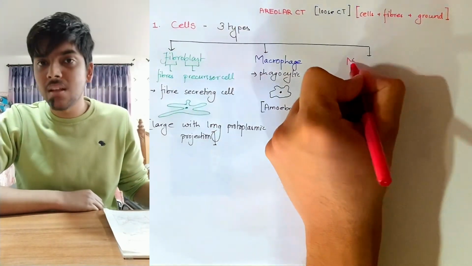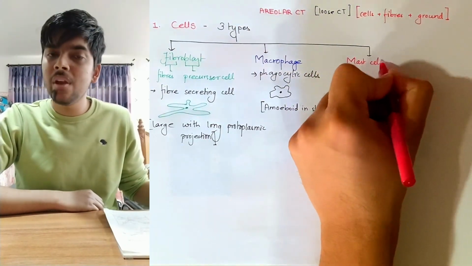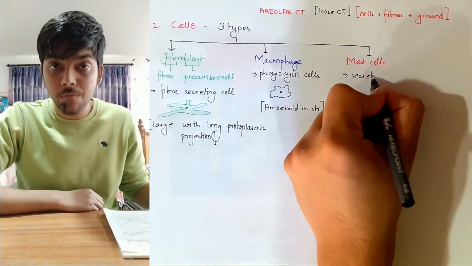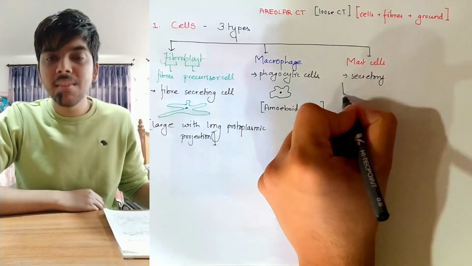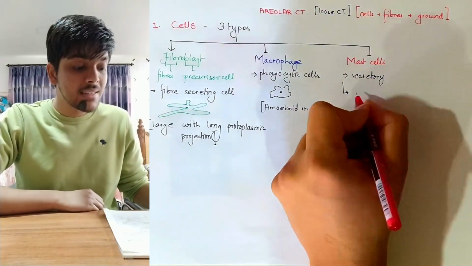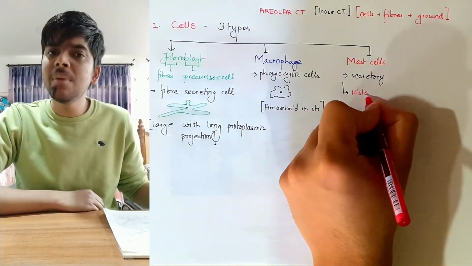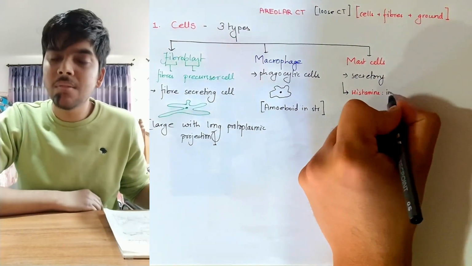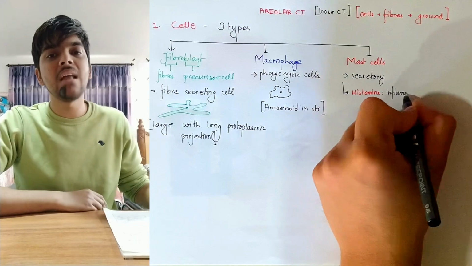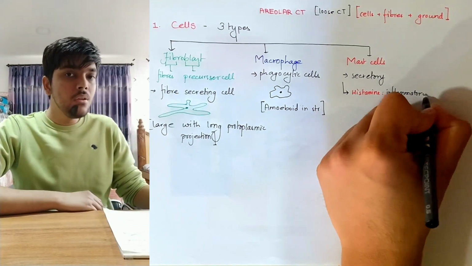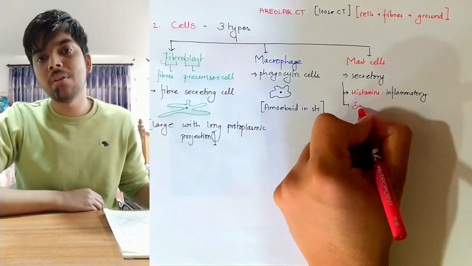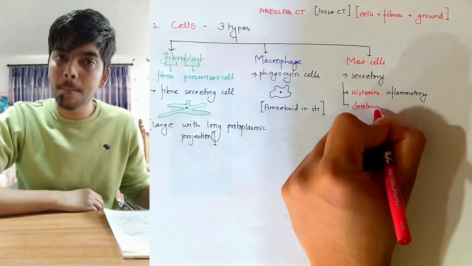Thirdly, mast cells. Mast cells are secretory in function, and their function is somewhat like basophils. What do they secrete? Number one, they secrete histamine. Histamine is inflammatory. That is, whenever there is an allergic reaction in your body, you can see inflammation in that particular area due to the secretion of histamine by mast cells.